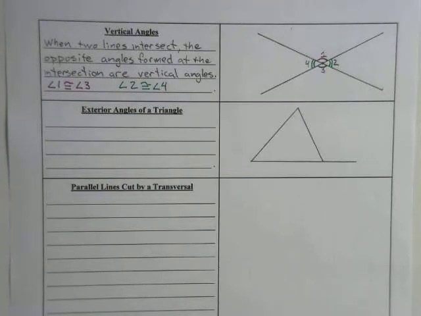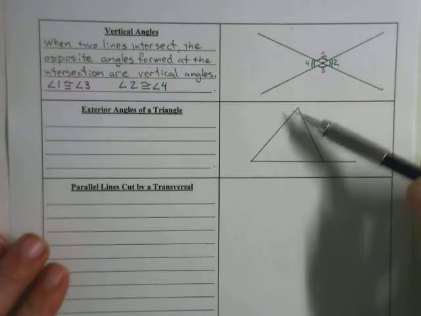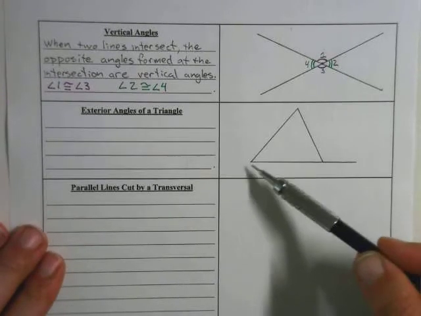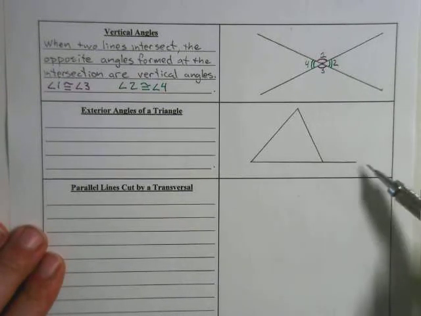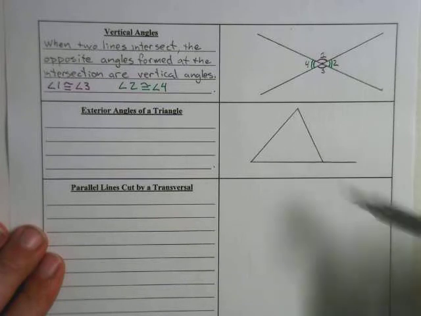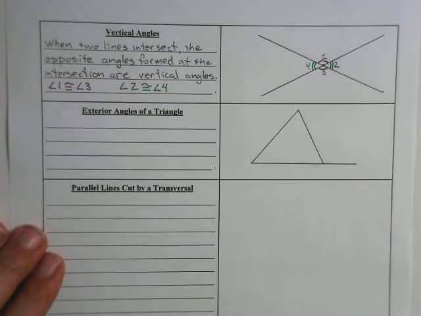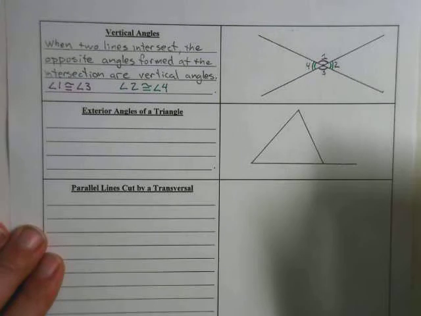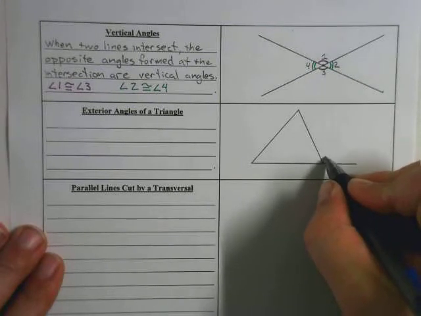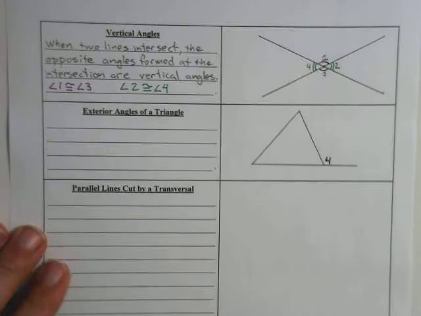So we have our triangle, okay? But the bottom side of the triangle is extended out, and you can clearly see that on the outside we have an angle, which I'm going to mark as angle 4.